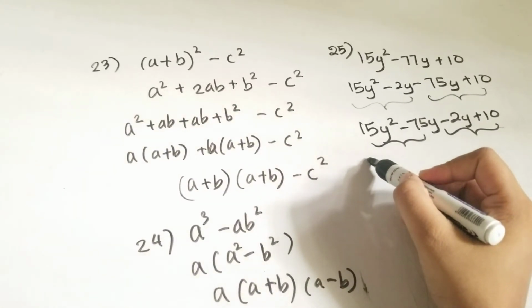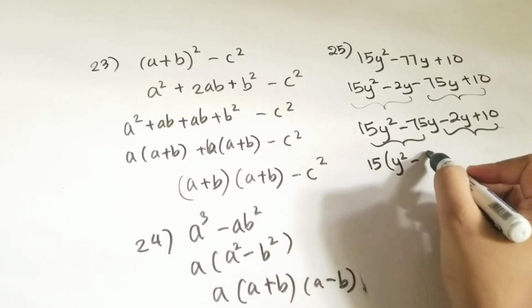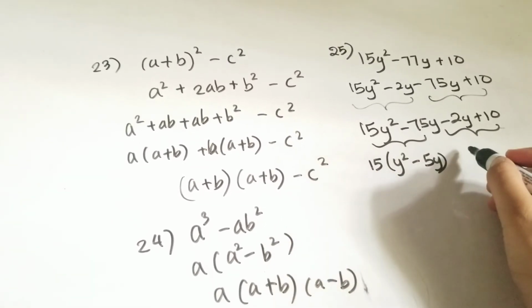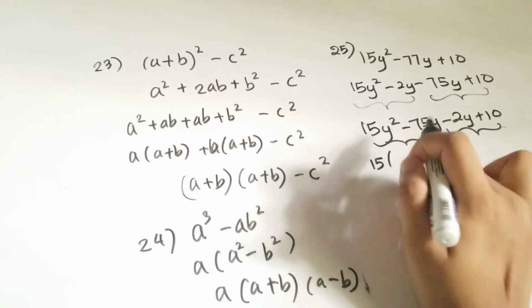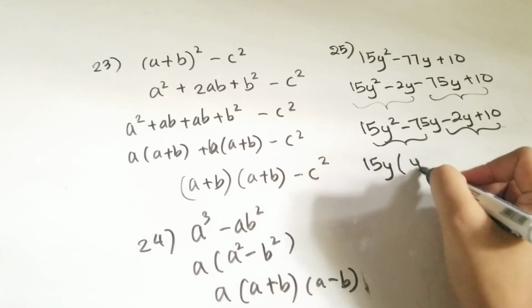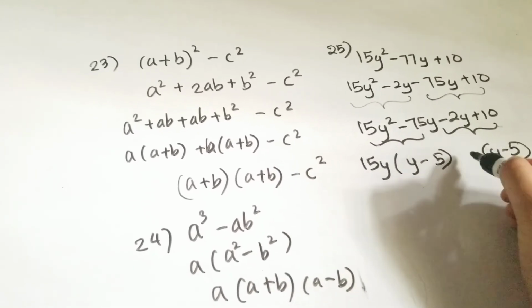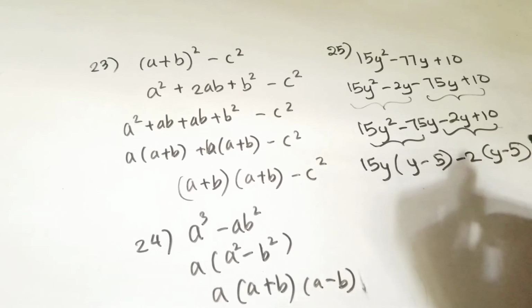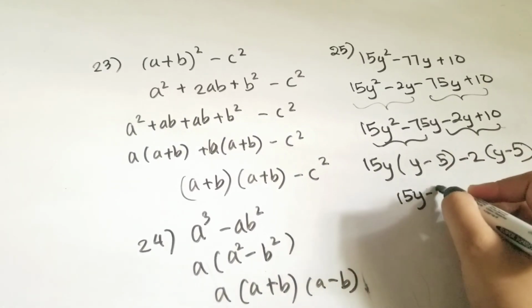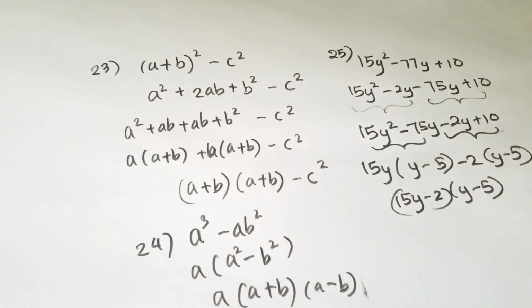So I can write down here 15y into y minus 5, and if I write y minus 5 here, negative 2. Yes, see, now we got 15y minus 2, y minus 5. These are the factors of the last question.